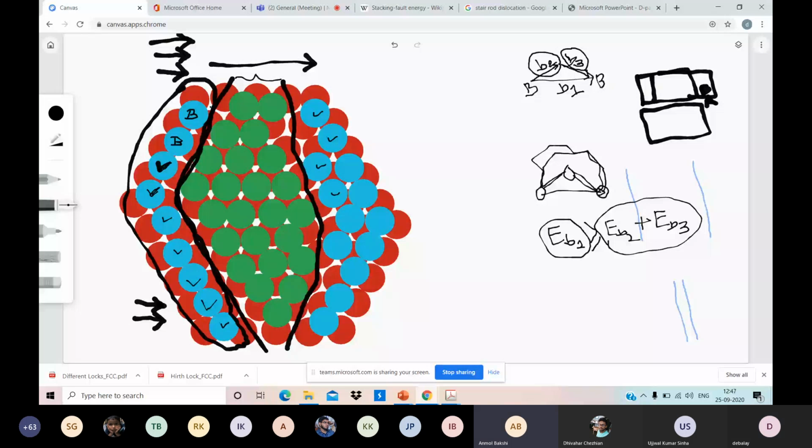And if it is equal on both sides, then it is a critical condition. It's thermodynamics, you understand?